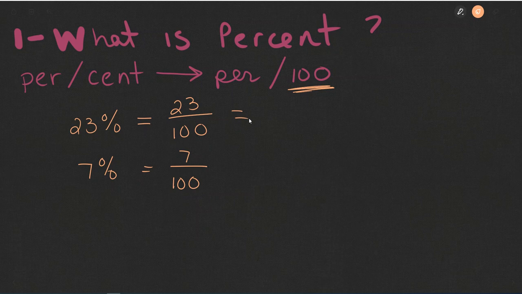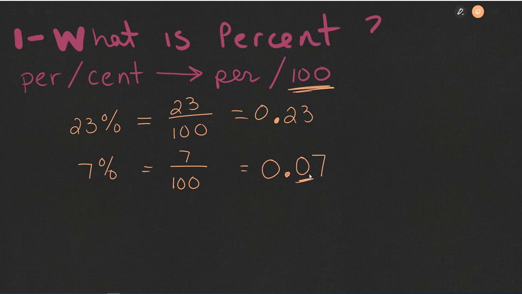Once you understand that a percent simply means per 100, you understand that you can write this 23 with 2 decimal places to get the 23 hundredths, or 0.23. 2 decimal places means that for 7%, I need a 0 placeholder.